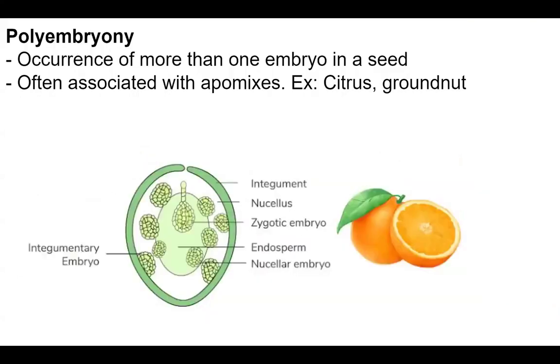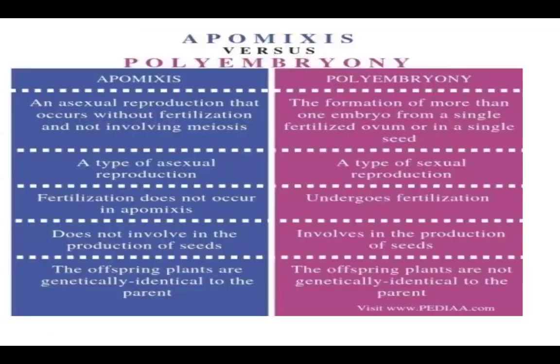Next, we have polyembryony, where in the integuments I have numerous embryos. It is the occurrence of more than one embryo in a seed, as in citrus or groundnut. Often this is associated with apomixis.